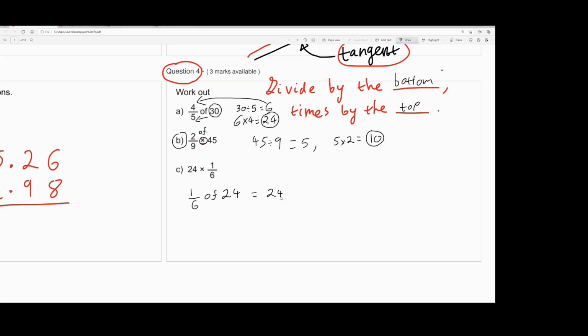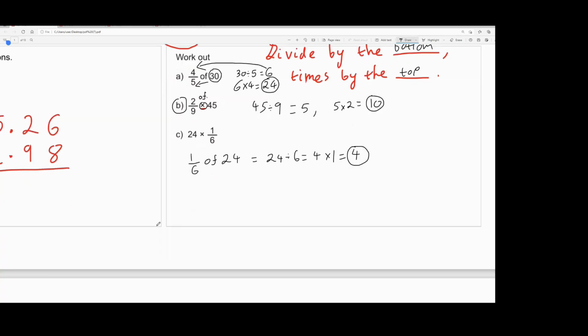So we'd have to do 24 divided by 6. Yeah, answer's 10 for B. Well done. Yeah, exactly. And then for C, you just have to do 24 divided by 6, which is going to be 4, times by 1 is still 4. Okay, so that's fractions of amounts. So we'll move on to the next bit.